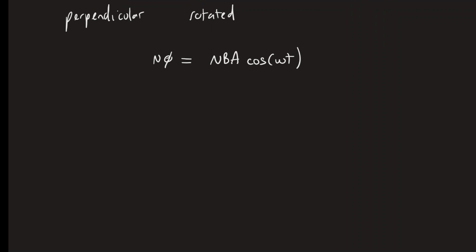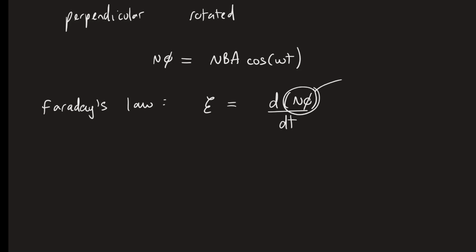So we can rewrite Faraday's law as a derivative. Faraday's law: the EMF is equal to d(N phi)/dt, the derivative of the flux linkage, not just the flux.